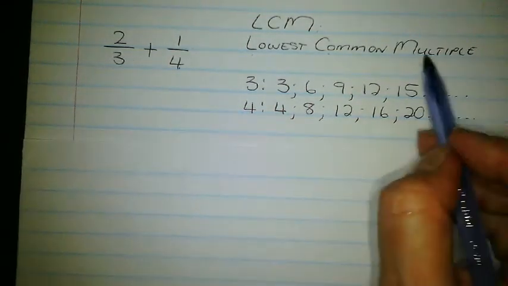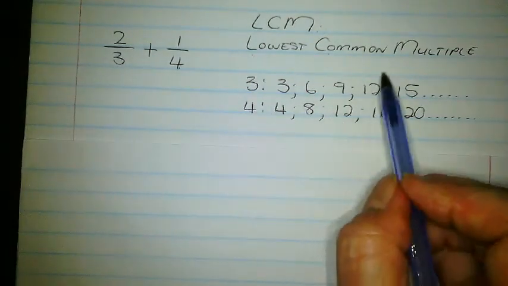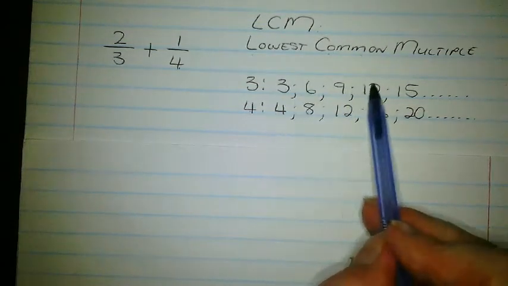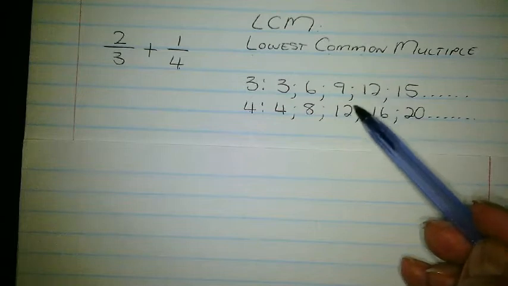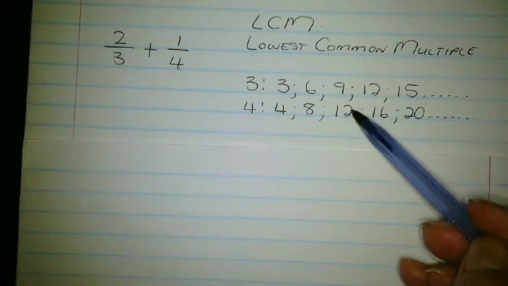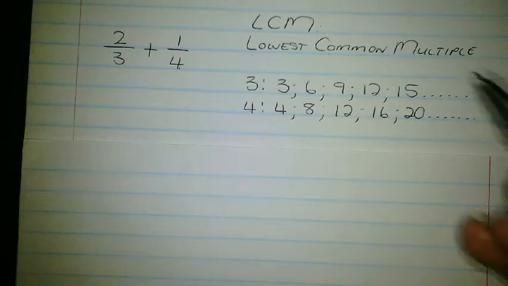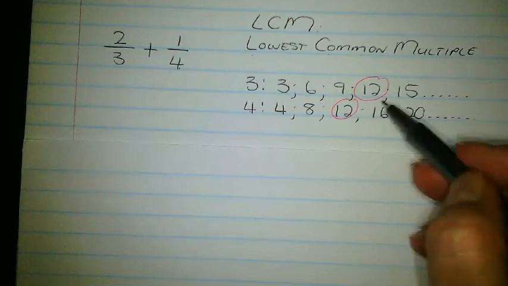And now I did the multiples of the 3 and the 4. Now I look at the common number, so that means the number, if I look at the multiples, that's going to be the same. And you'll see the 12 and the 12 is going to be at both of them. I can do a circle around it, or use a color to do that.